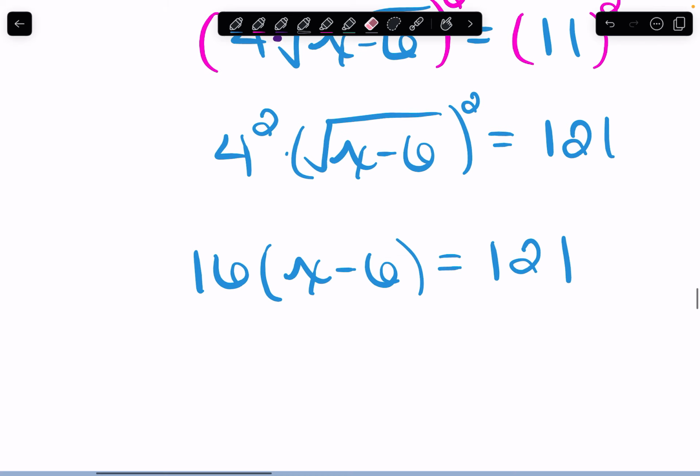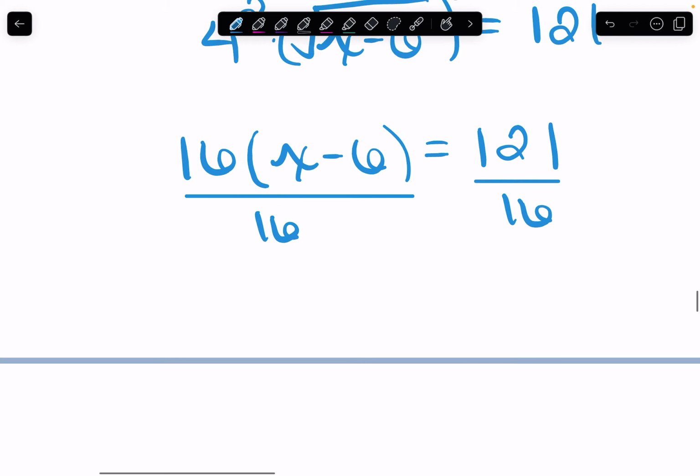All right, at this point, you can either distribute the 16 or divide it off. It's got to go to the other side anyways, so I would probably go ahead and divide it off. So I'm going to divide both sides by 16 right away just to get it out of there. So we have x minus 6 equals 121 over 16.